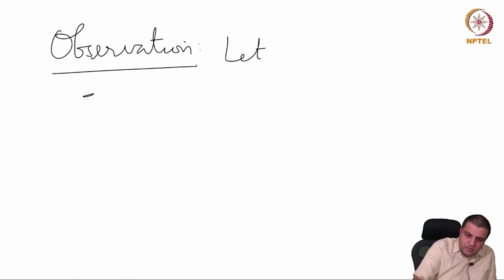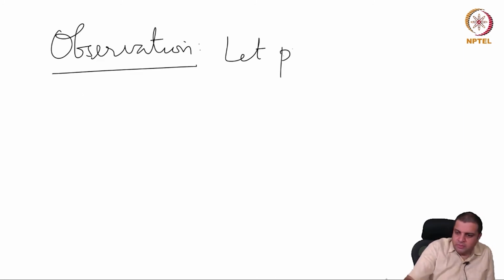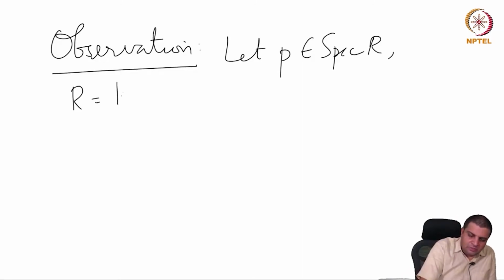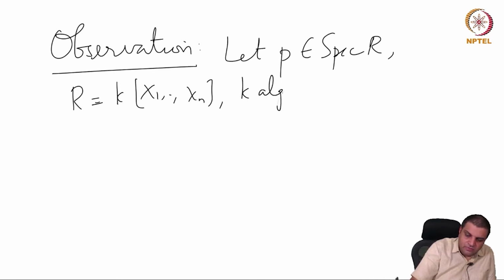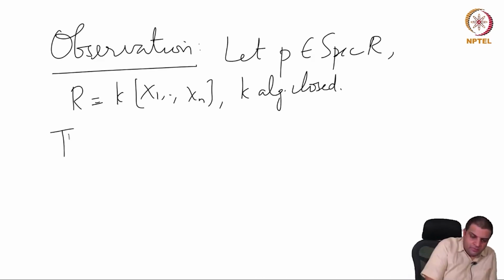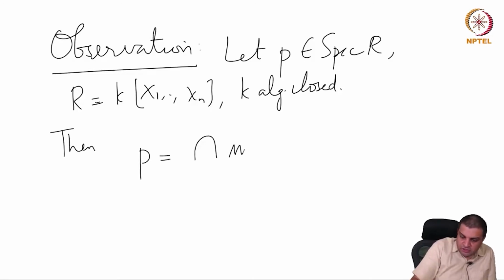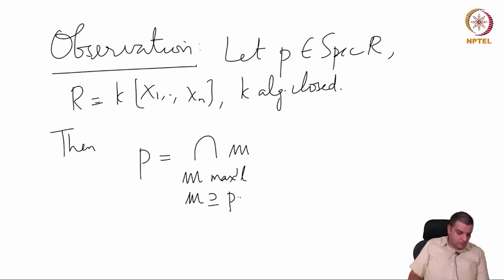Let P be a prime in R, where R is a polynomial ring in n variables and K is algebraically closed. Then P is the intersection of the maximal ideals M, where M is a maximal ideal and M contains P.